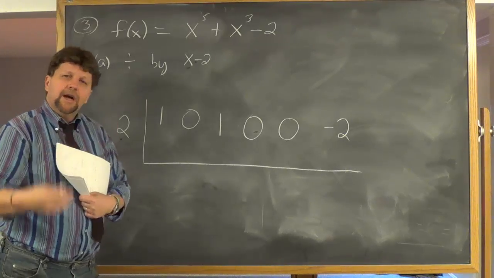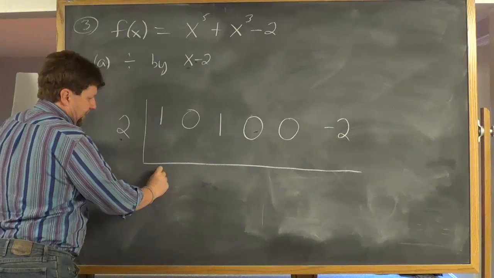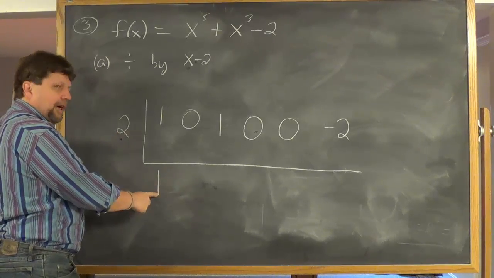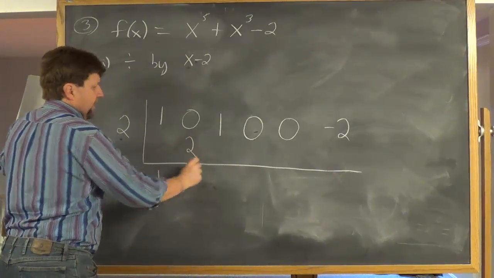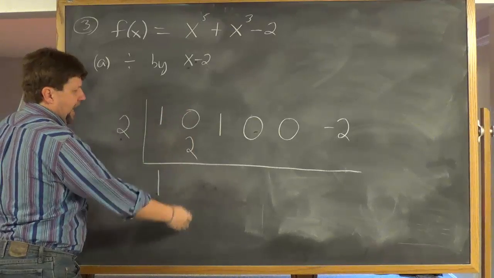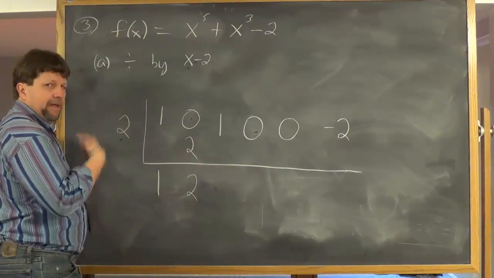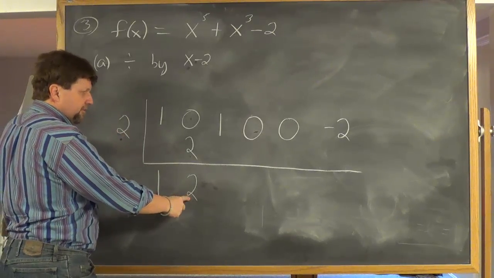And then you remember your process of synthetic division. You bring this 1 on down. Then 2 times 1 is 2, and you put 2 here. Then you add 0 plus 2 is 2. Repeat the process. Now it's 2 times 2, which is 4.